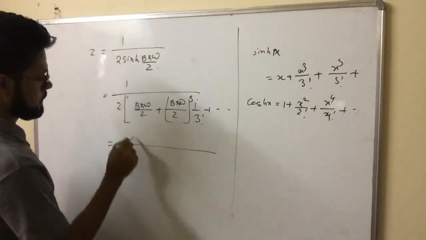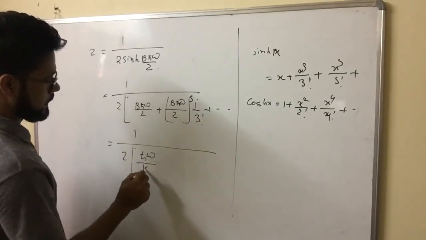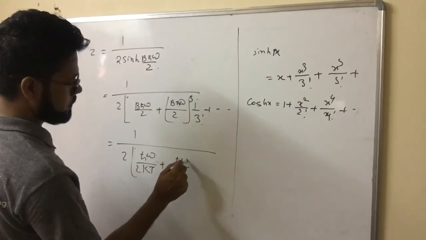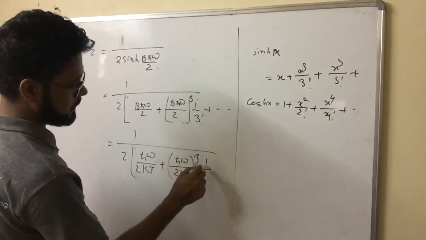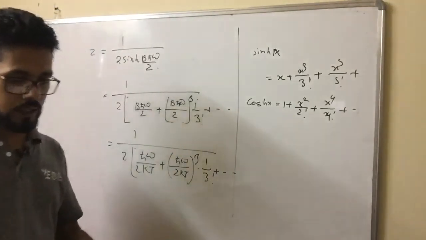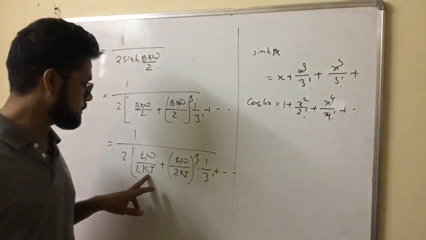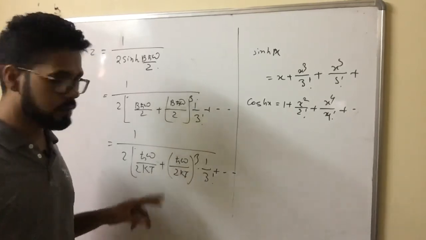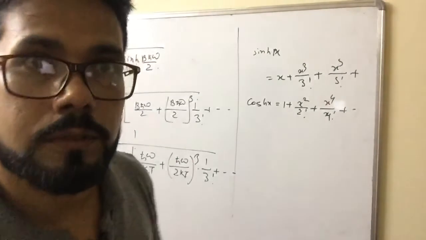I can expand it in terms of hbar omega by 2kT. Now you check it. When temperature is very high, this term is very small. This is equal to how much? You have to do a case study.